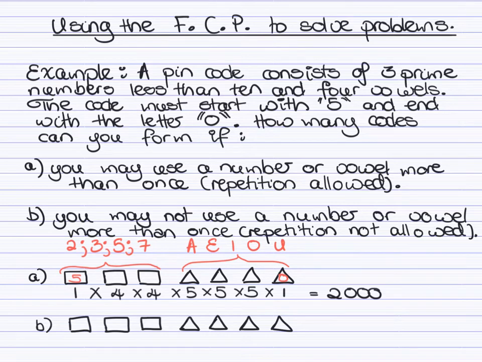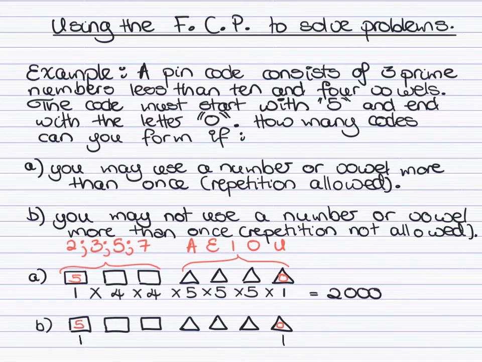Let's look at the second, or part B, where repetition is not allowed. Again, the first number is 5 and the code ends with O. Again, there is only one way of selecting the number 5 from the list of prime numbers, and there is only one way of selecting the letter O from the list of vowels.